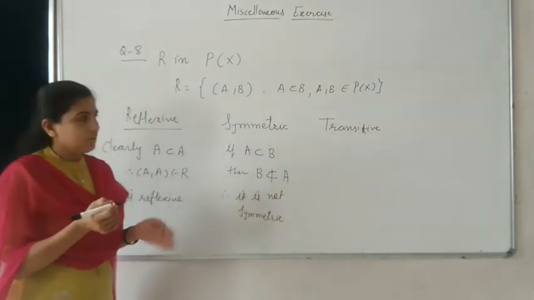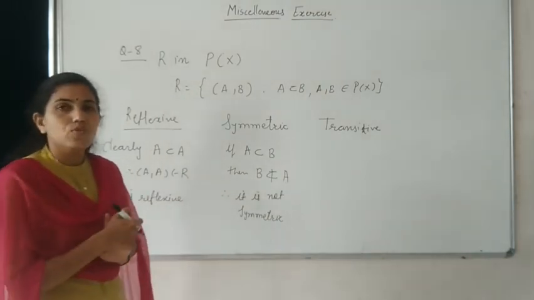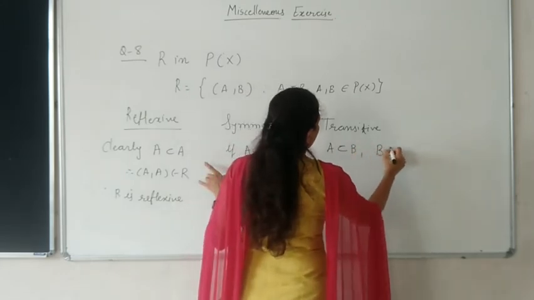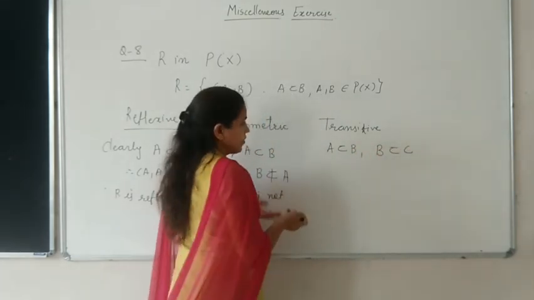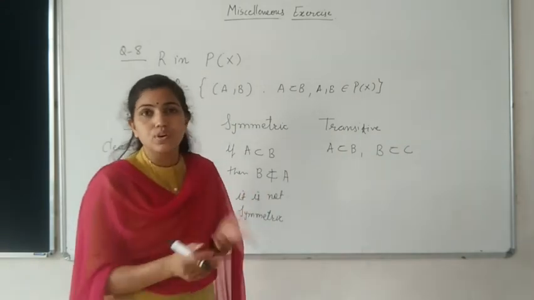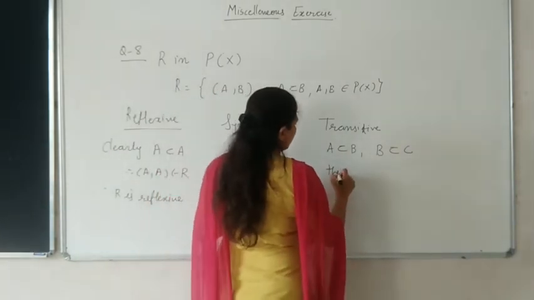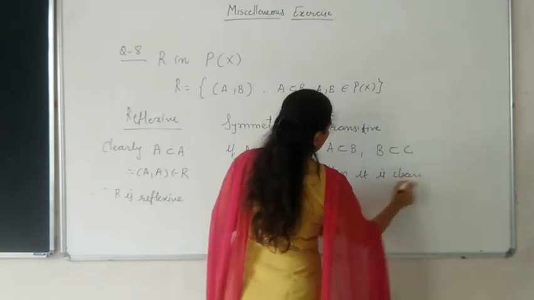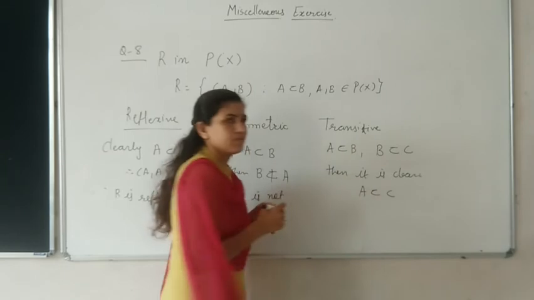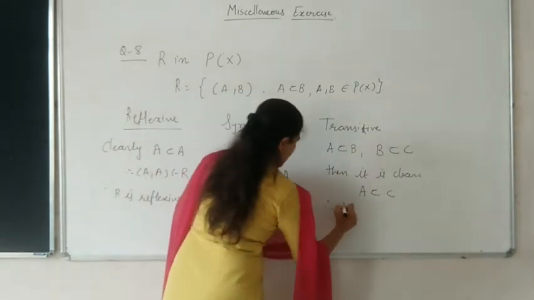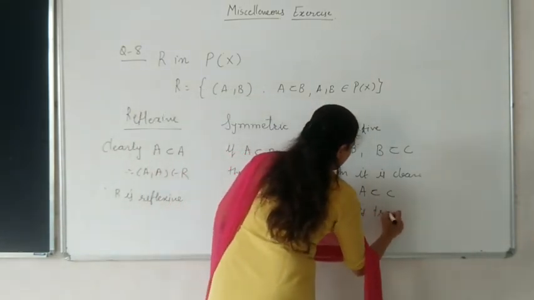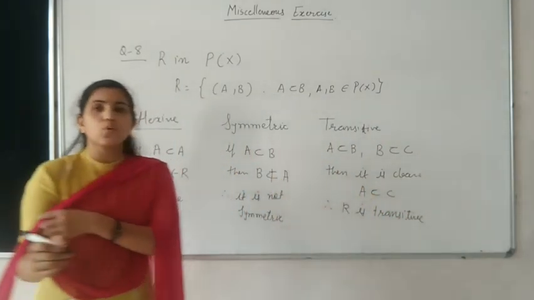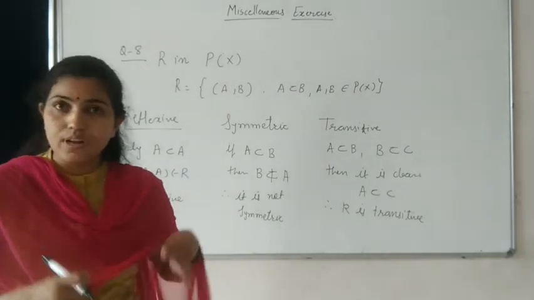Third one is transitive. If A is a subset of B and B is a subset of C, then it is clear that A is a subset of C, and therefore R is transitive. So what can be our answer? What is the question? Is R an equivalence relation?